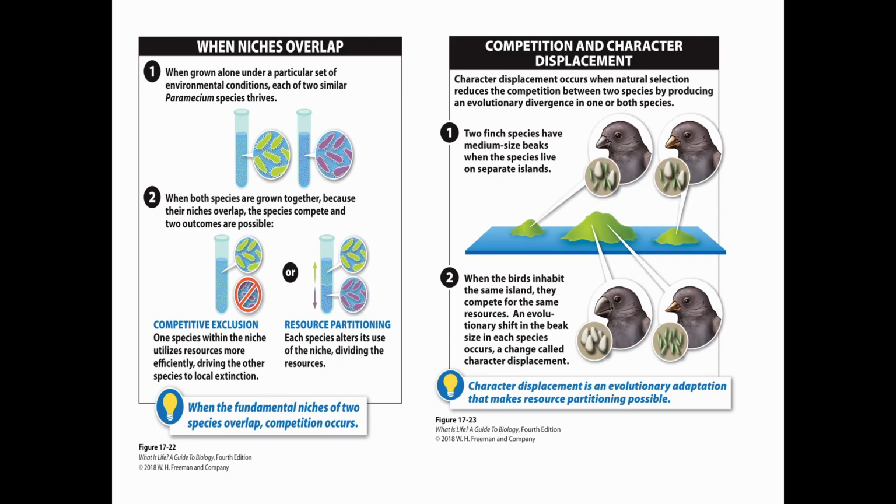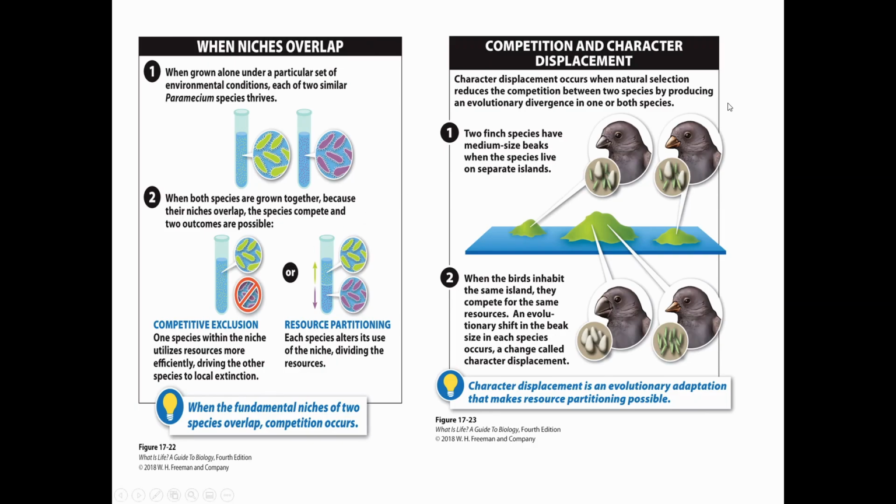Or you could have resource partitioning, meaning like this paramecium in green is taking the top level of the tube and this purple one is taking the bottom of the tube. So they've divided up where they are in the tube, which is their niche. So we have the top water niche and the bottom water niche. Right, and this happens because this eliminates competition between the two of them. If we didn't eliminate the competition, then the better competitor would completely eliminate the worse of the two.